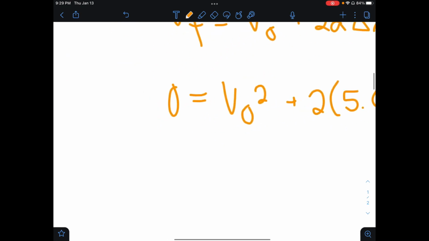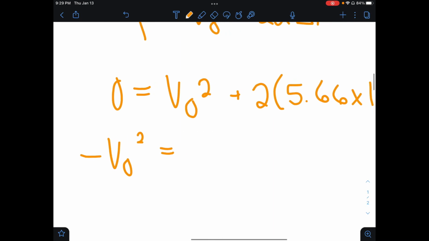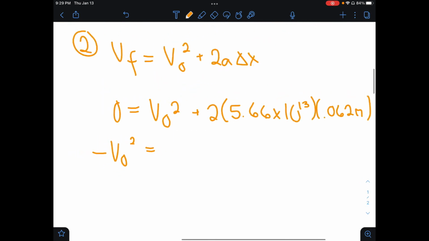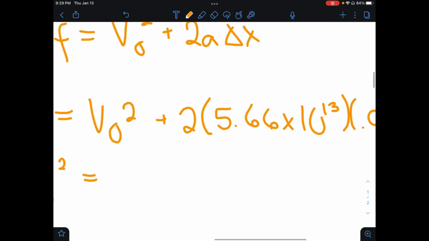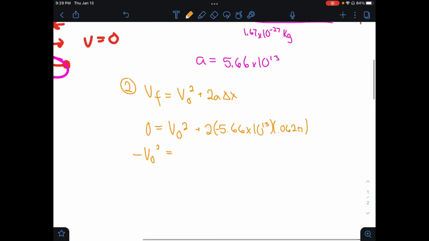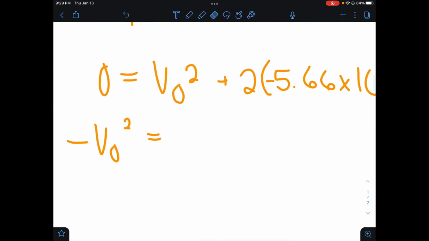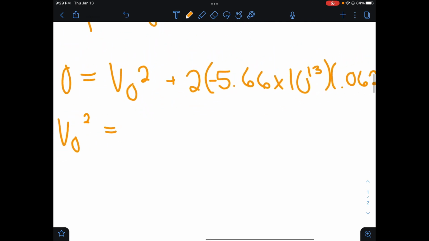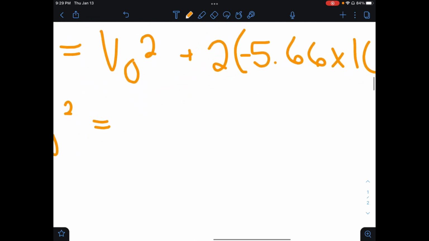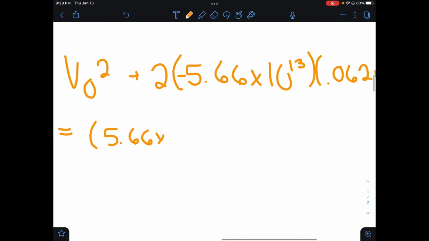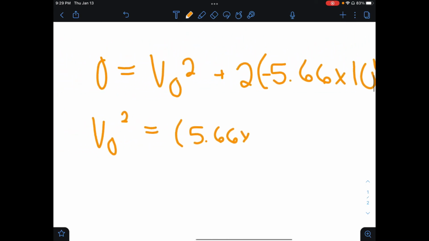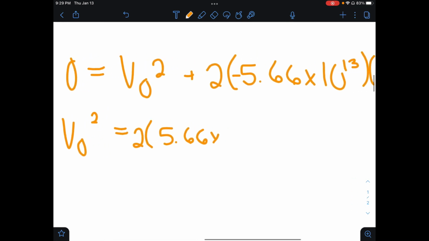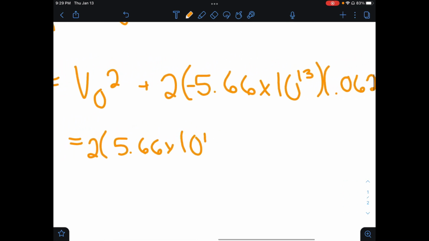Okay. And our negative V initial squared is equal to, and here I might just plug in the sign, just as negative, so I can cancel out this negative right here and make it look a little bit nicer, which is equal to 5.66 times 10 to the 13th. I forgot to put the units in.